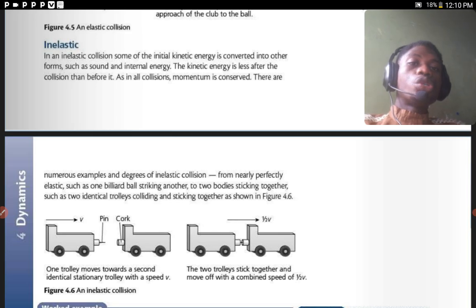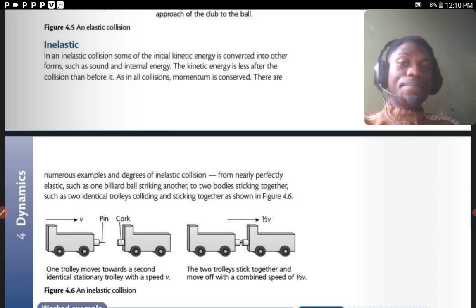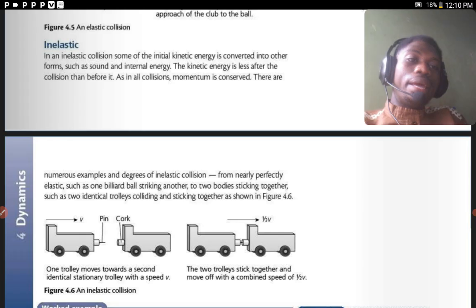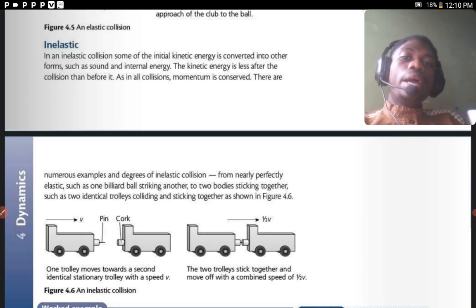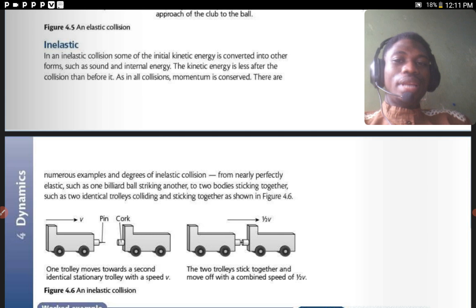So after collision, the kinetic energy will be less than the kinetic energy before collision. Now, as in all collisions, momentum is conserved. So in inelastic collision, momentum is conserved, but kinetic energy is not conserved. That's a point to note.